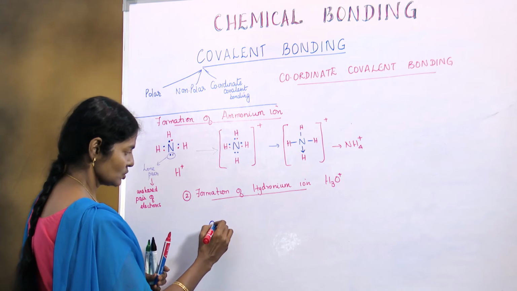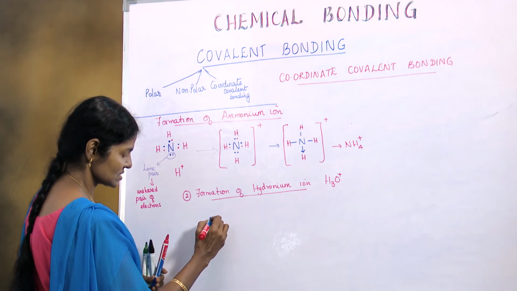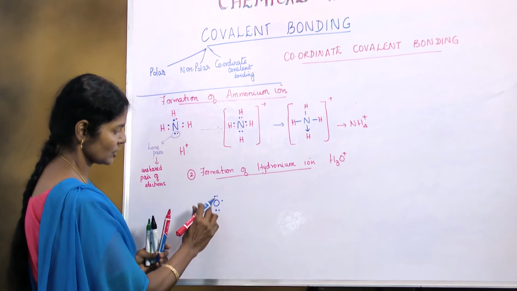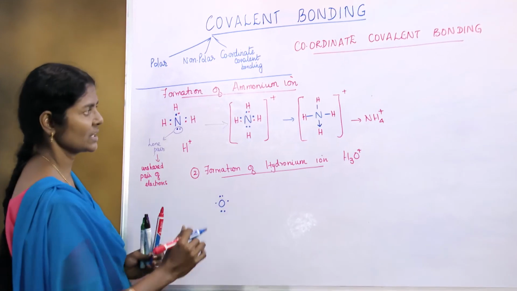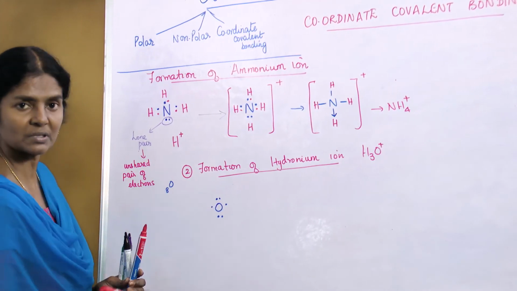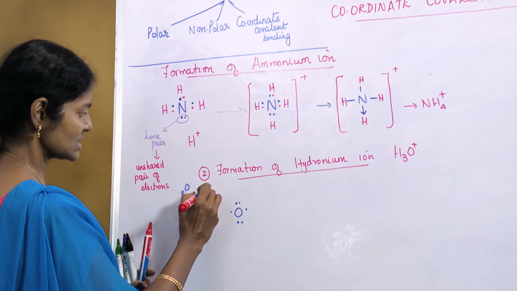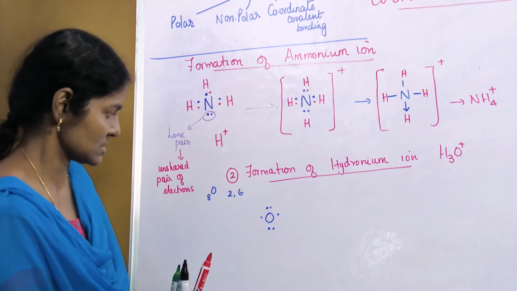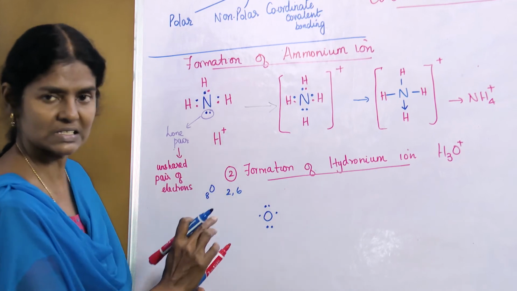It had 2 lone pairs this way, and so a total of 6. How do we get 6? Because oxygen has an atomic number 8, which means the electronic configuration is 2, 6. So we have a total of 6 here.